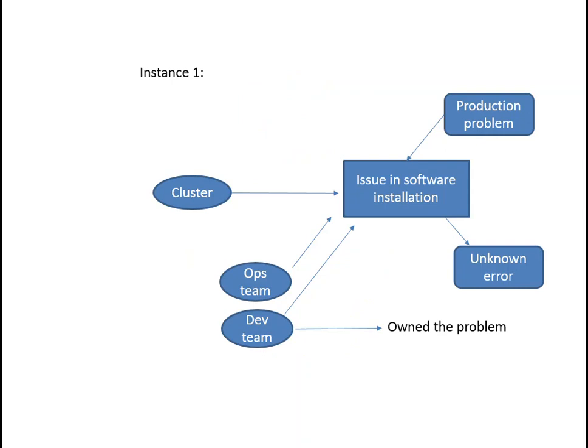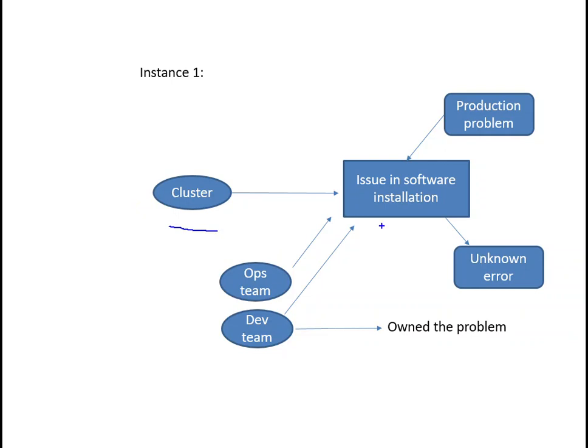This is the representation of instance 1. There was an instance where there was some unknown problem in the installation script or configuration script. The ops team was finding a challenge in installing the software on a particular set of cluster in a particular geography.